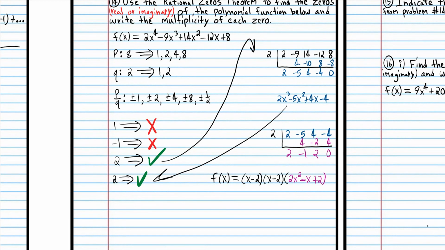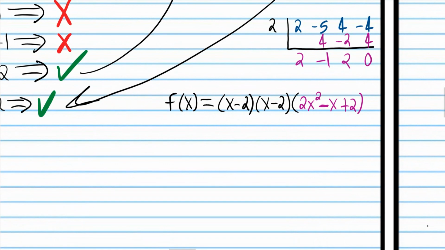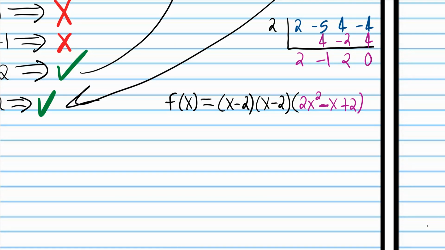So we found a 0, and we see that that 0 has multiplicity 2 because there's 2 of those factors, but we have to keep going. Notice up here it says find all the zeros, real or imaginary. So we have to keep going. Now we can try to factor this expression here, but we don't know if that's going to be factorable.